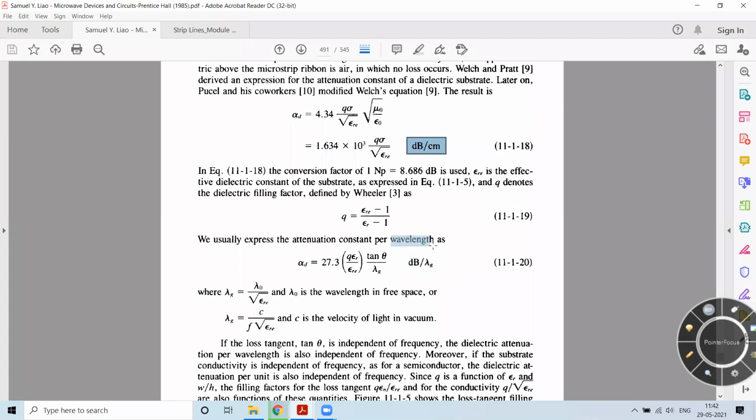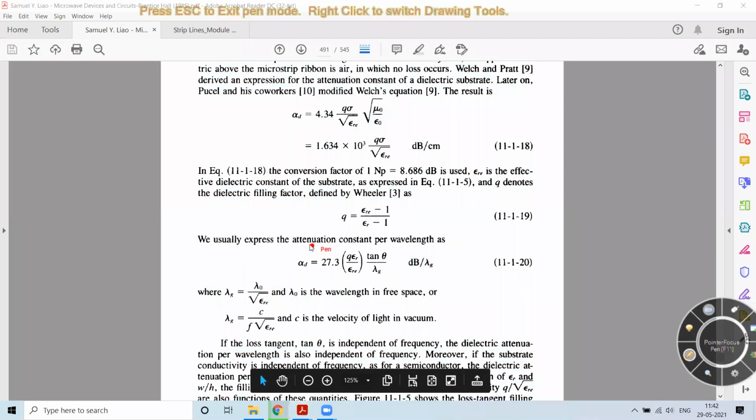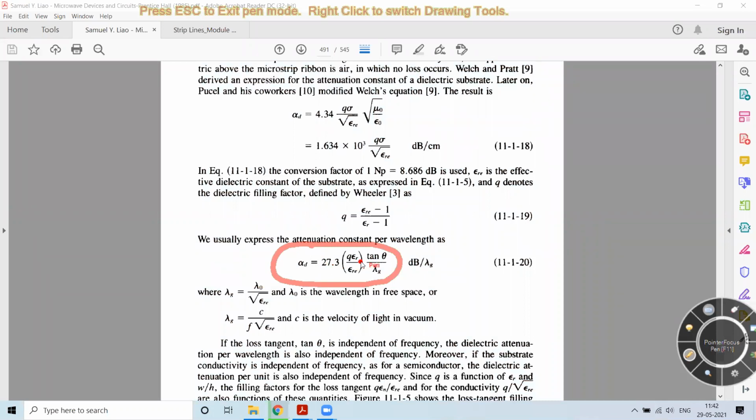But if I want to specify it in terms of the guide wavelength, or the wavelength in short, it will be given by this equation, which is 27.3 q into epsilon r divided by epsilon re into tan theta divided by lambda g. So when you utilize this equation, it will give you the result in terms of dB per lambda, that is lambda g, which is specified over here.